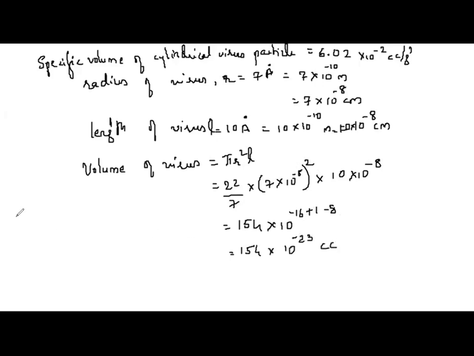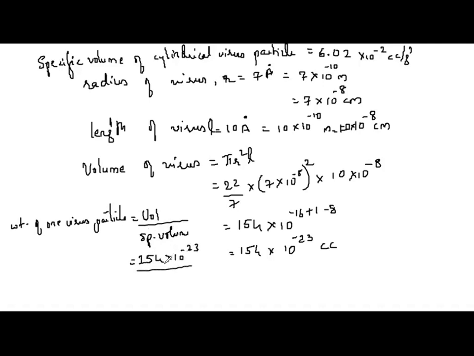This is the volume. They have asked you weight. So weight of one virus particle. What is the formula I can write? Volume in cc divided by specific volume. So what is the volume? We have found 154 into 10 raised to minus 23, divided by the specific volume they have given as 6.02 into 10 raised to minus 2.